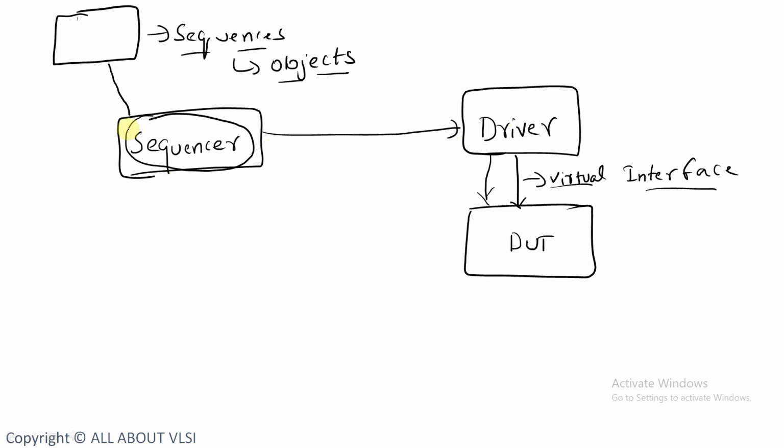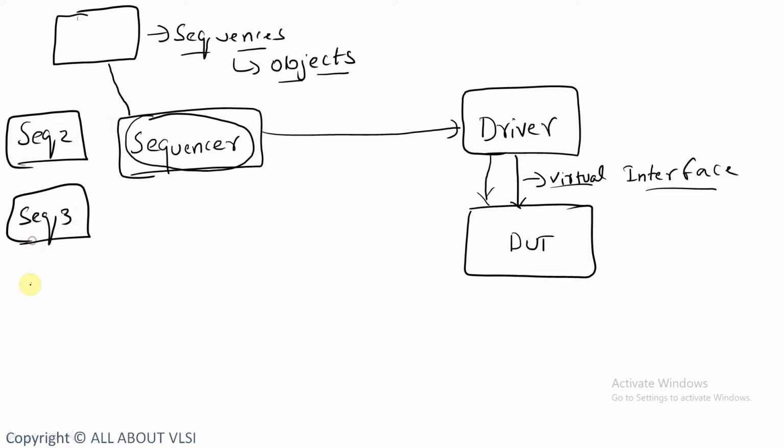There may be multiple sequences in our test bench, three or four or more, and it's the duty of our sequencer to send these sequences to our driver, and the driver will accordingly send them to the DUT.